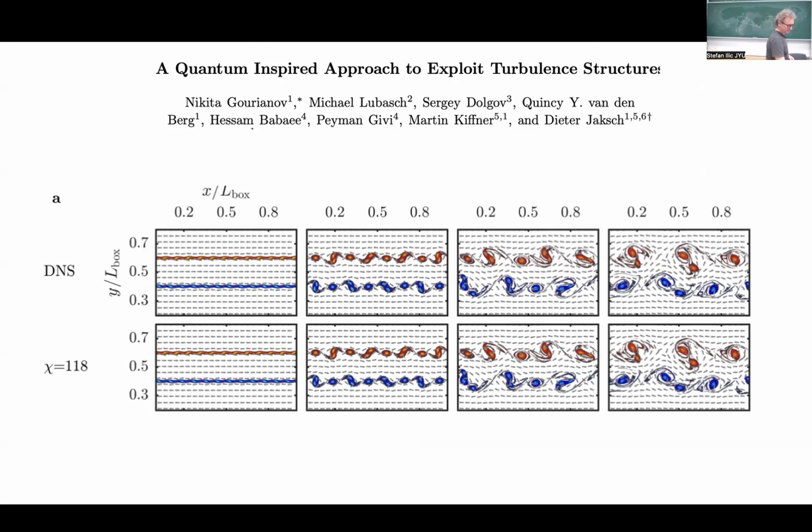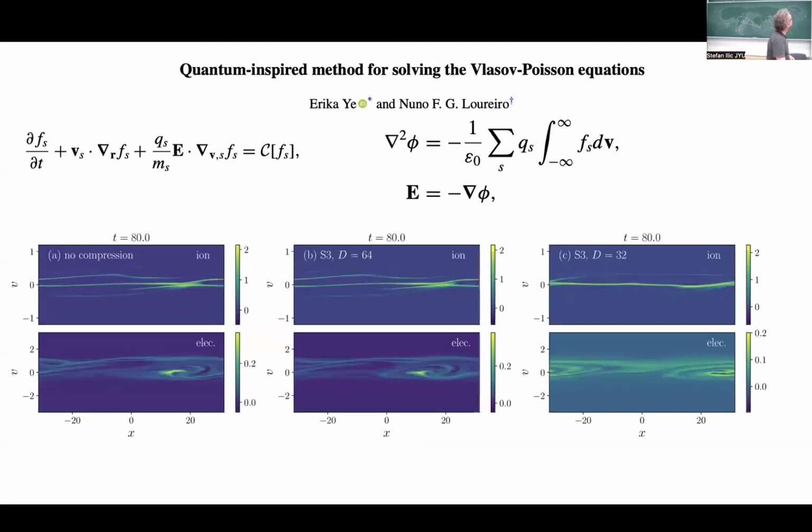Let's go back. This is another example of different applications. It's a Boltzmann equation. You recognize the Boltzmann equation on the left, under an electric field, and the electric field is the gradient of a potential, and the potential satisfies a Poisson equation with a density of electrons, which is the integration of this.